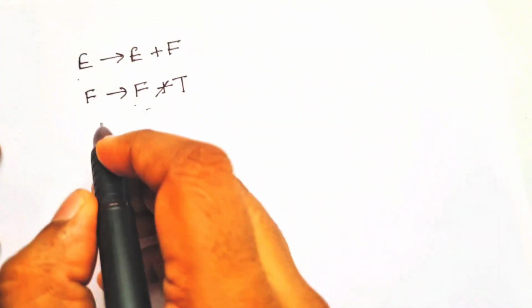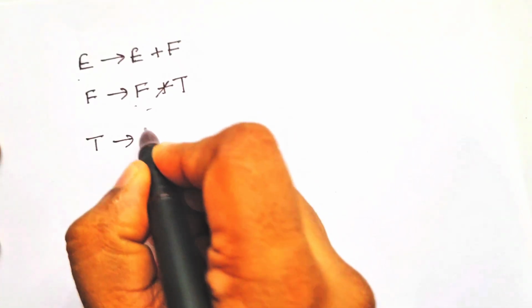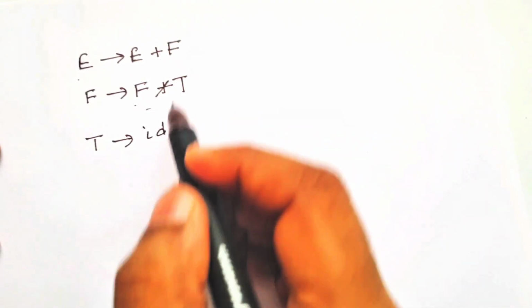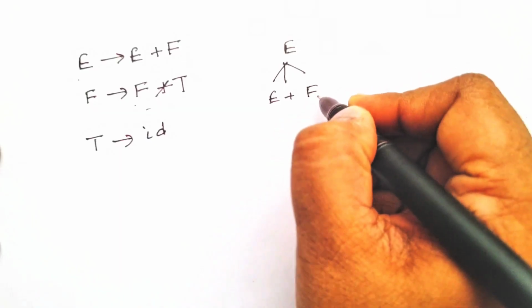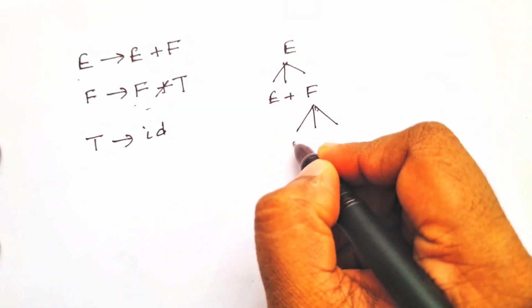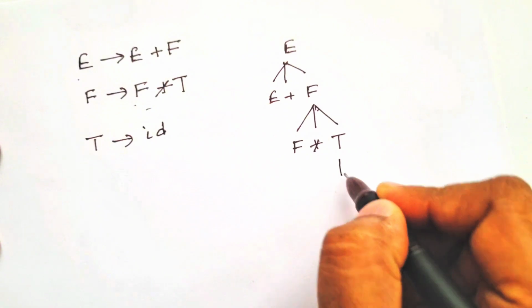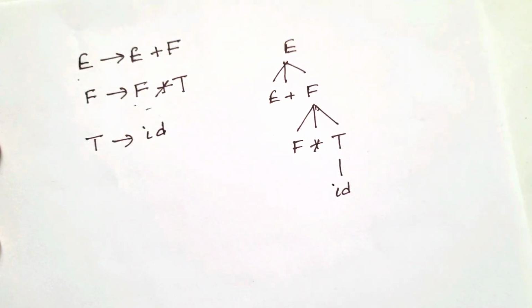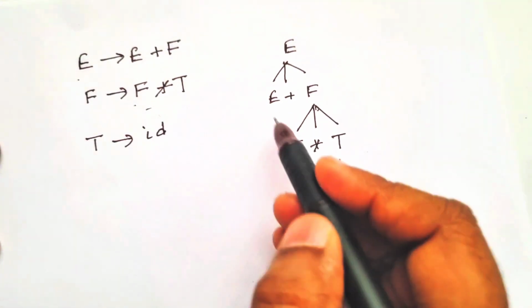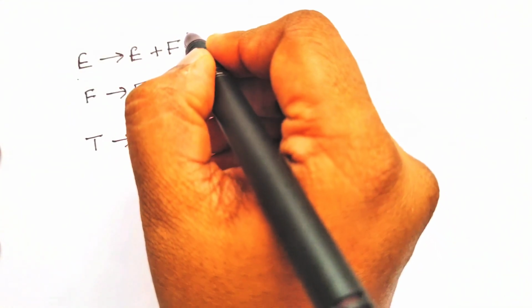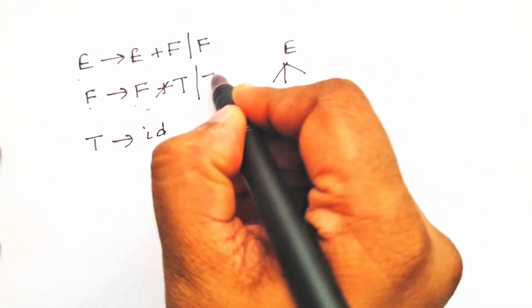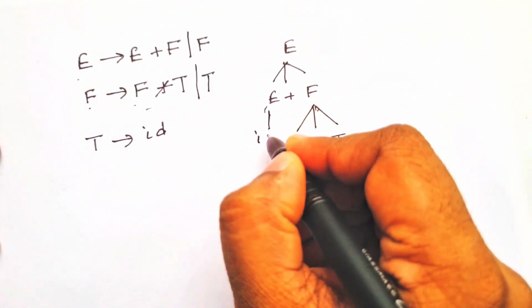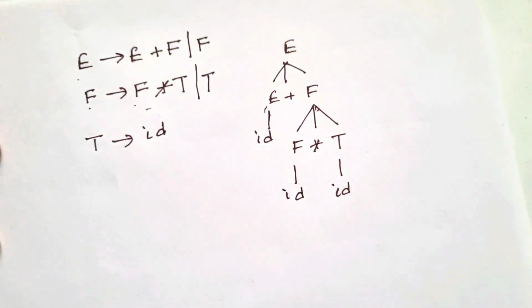Now, T goes to ID. By these productions, what will we get? If I derive from E, you will get E plus F, and from F you will get F star T, and from this you will get id. But if you want to get only id, what do I have to take? E goes to F directly, and then F goes to T, and then you will get id.